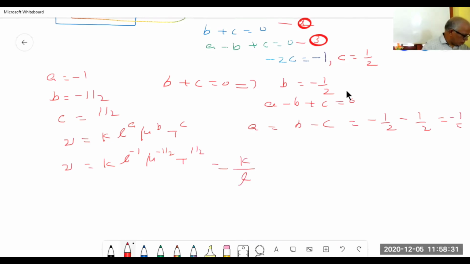K by L, T raised to 1 by 2 and mu raised to minus 1 by 2, which is K by L root of T by mu. The new formula: nu is equal to K by L root of T by mu.